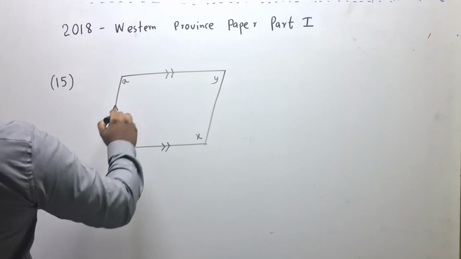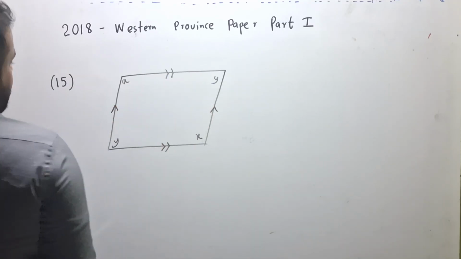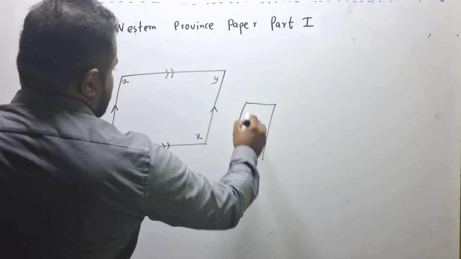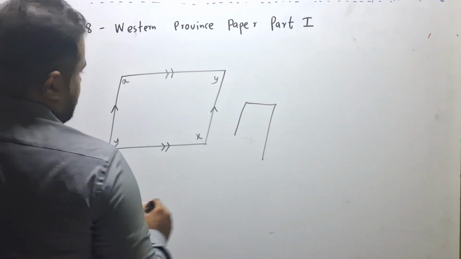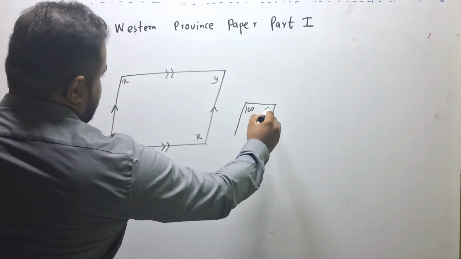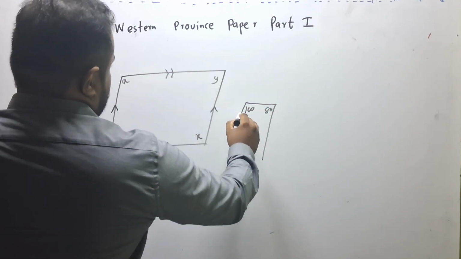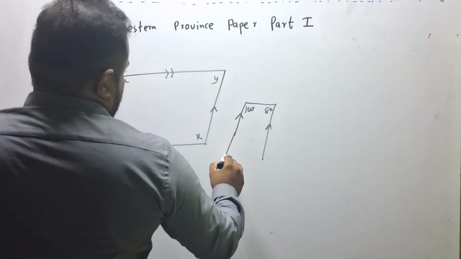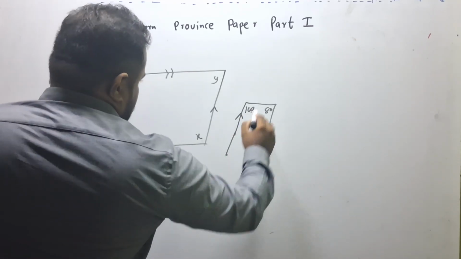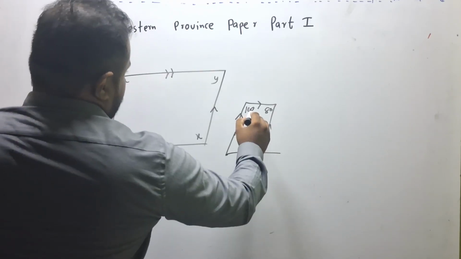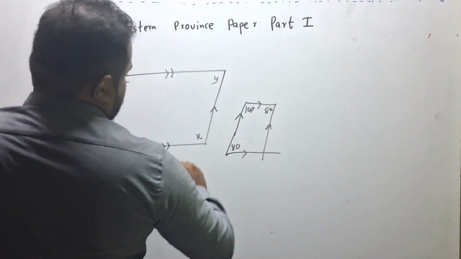A parallelogram has parallel sides. So for this side, there should be a C shape. So if this is 100, this must be 80 because these two lines are parallel. Then if this is 100 and this line and the lower line are parallel, this must be 80.